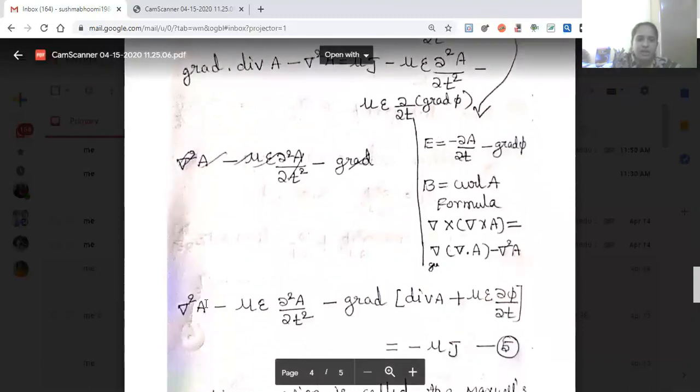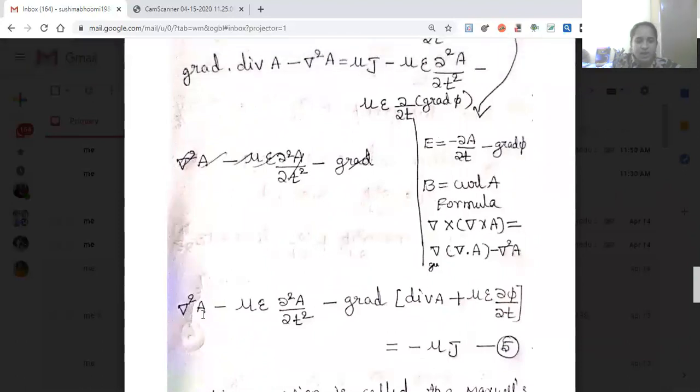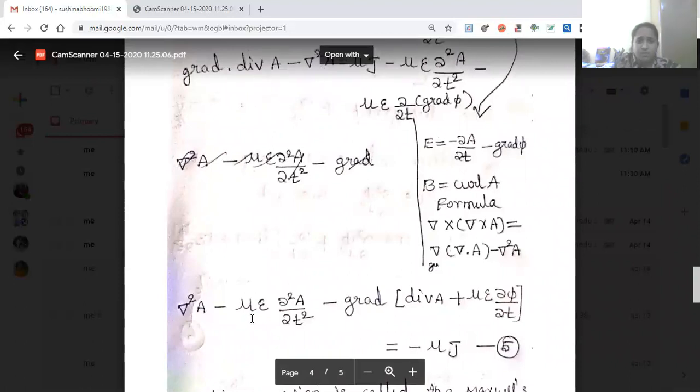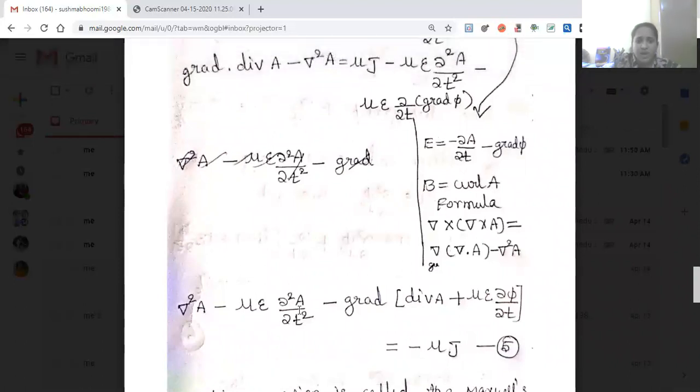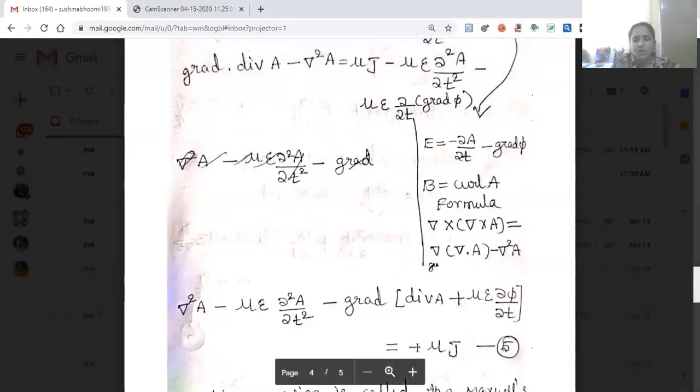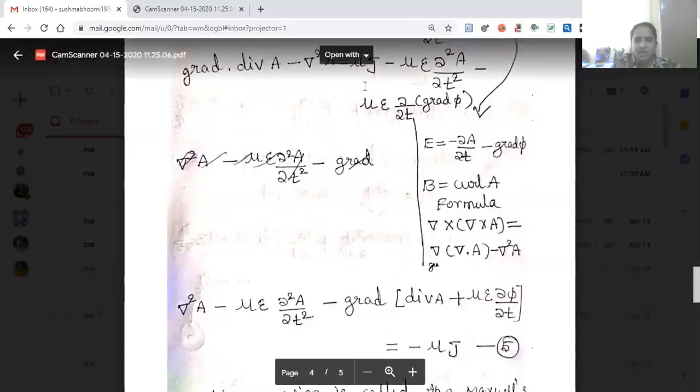That is, gradient of divergence of A minus del square A, and then mu epsilon del square A by del T square, and then minus gradient, I am taking it out, of divergence of A plus mu epsilon del by del T of phi, that is equal to minus mu J. I have just shifted this mu J to this side and del square A to this side.